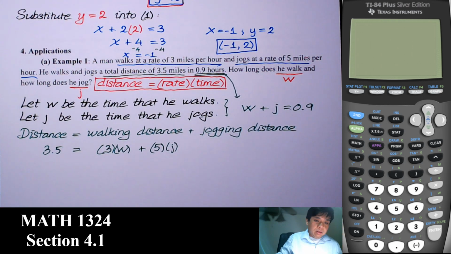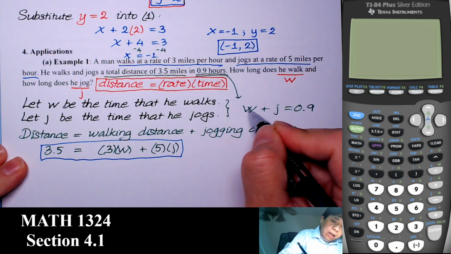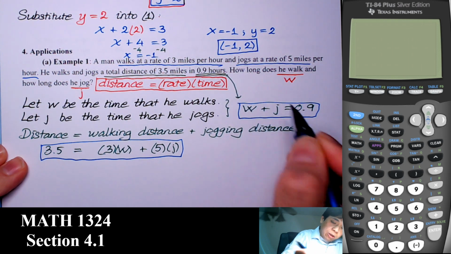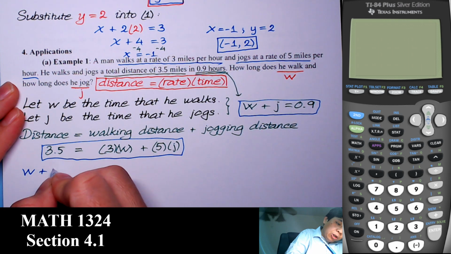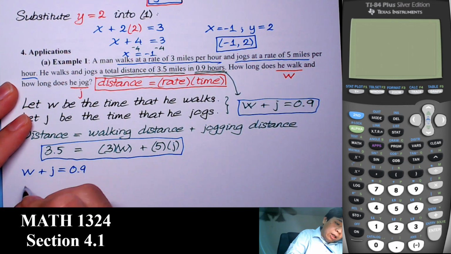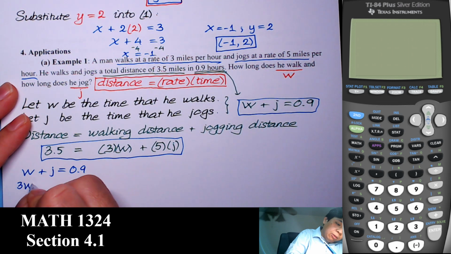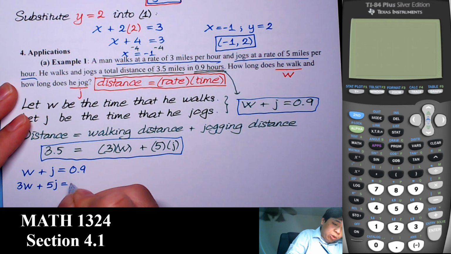So we have the system of equations, this is 1 and 2. Let's just write W plus J is equal to 0.9, and 3W plus 5J is 3.5.